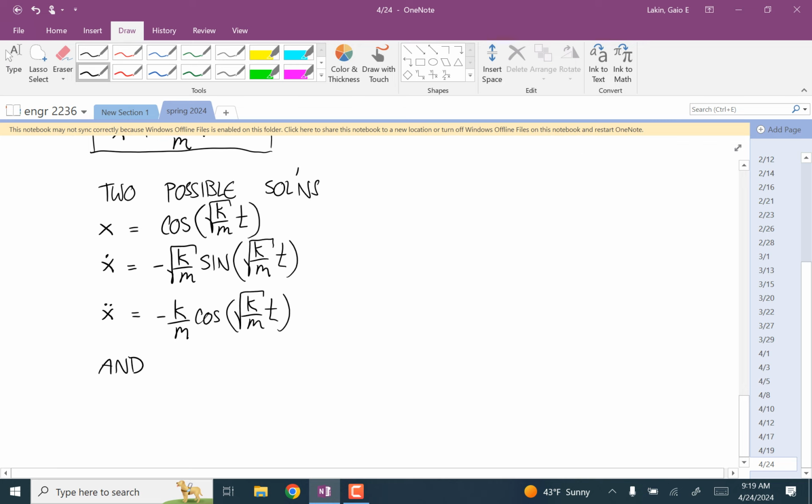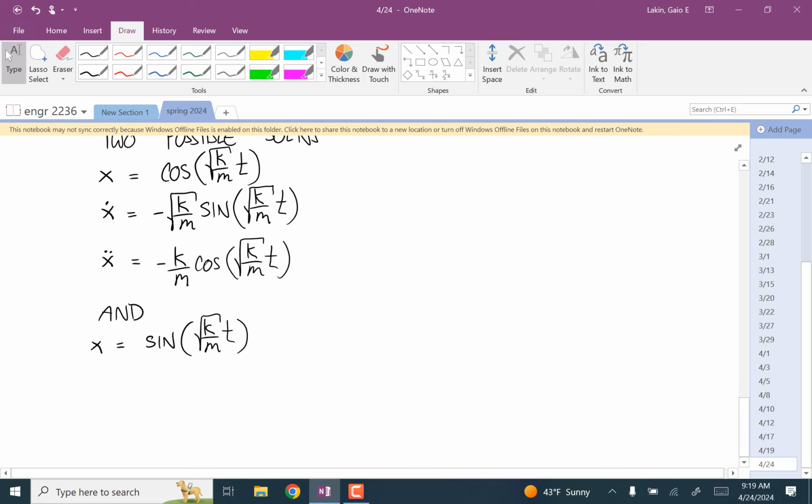And sine does the same thing. So if x is equal to sine of square root of k over m t, x dot is equal to positive square root of k over m cosine of square root of k over m times t.